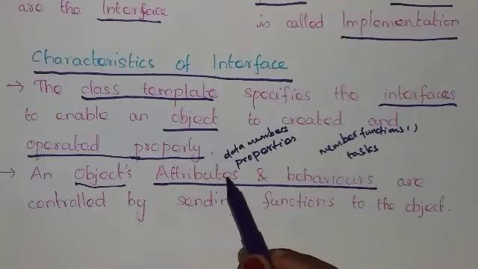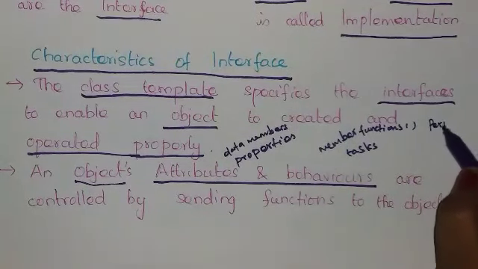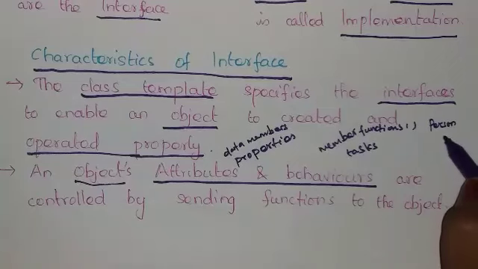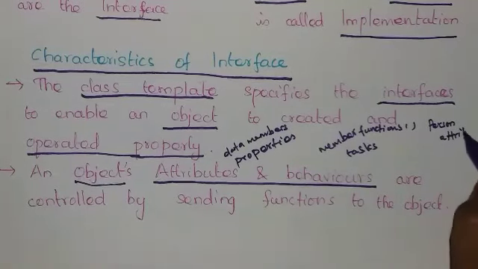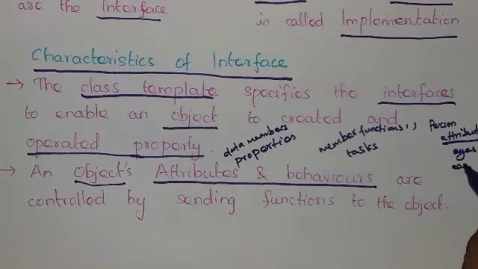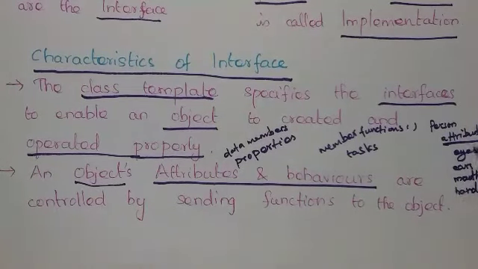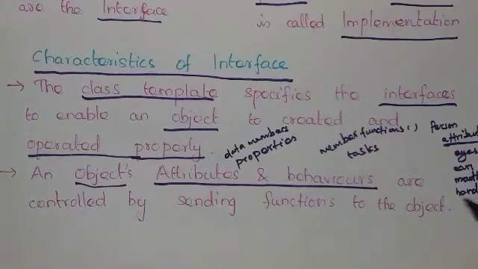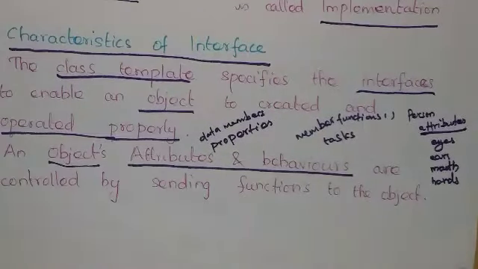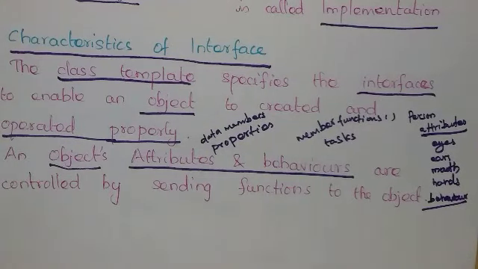So attributes are the physical parts of the object. Let us take one example, a person. This person has attributes such as eyes, ears, mouth, hands. These are the physical parts of a person, so these are called attributes. And behavior means tasks that are performed by the object.